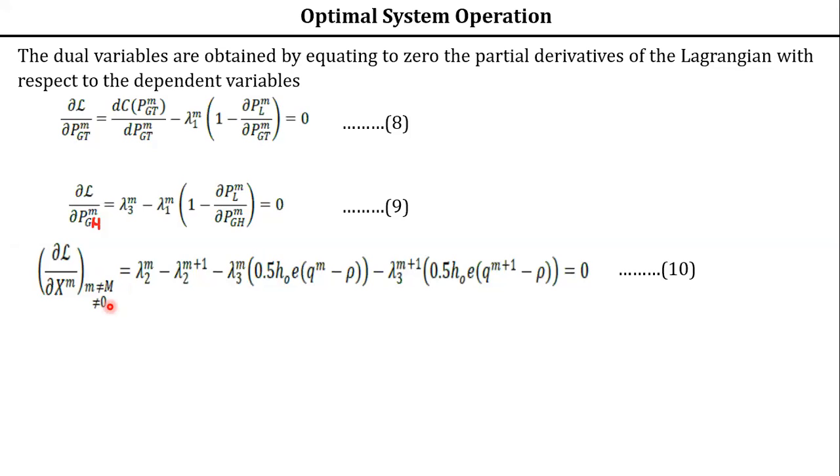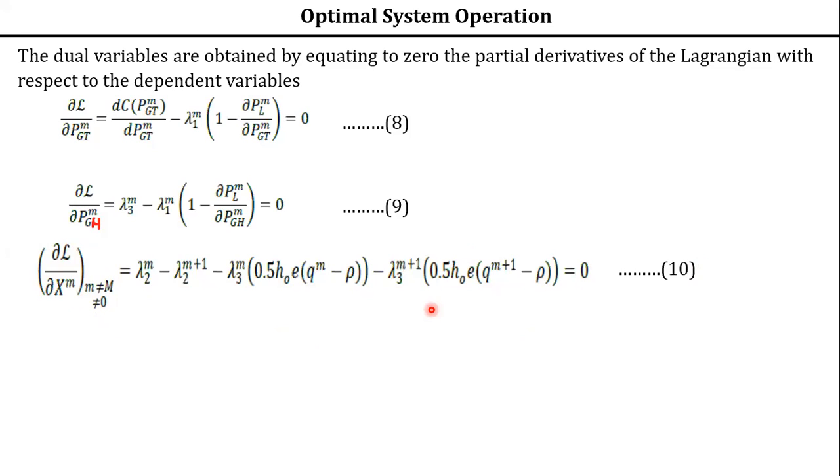Similarly, 7 is not your subinterval; 6 to 7 is your subinterval. So that's why the last one and the initial one are not considered. Those limits we should not consider when evaluating the partial derivative of that equation. Clear?